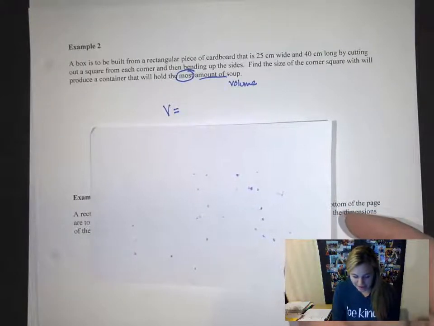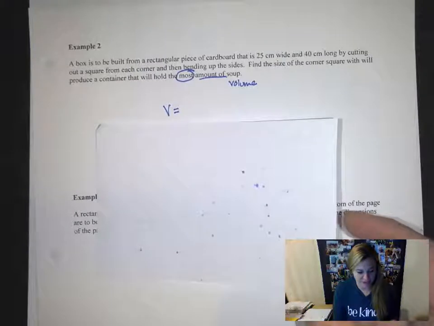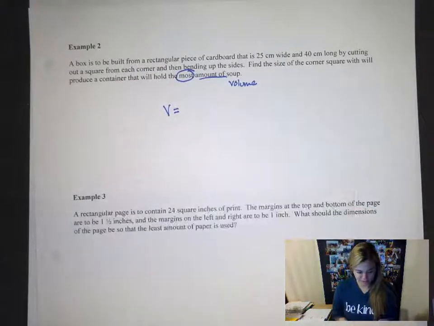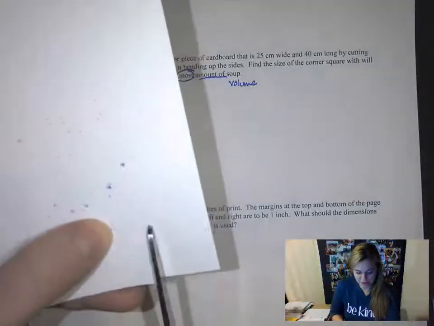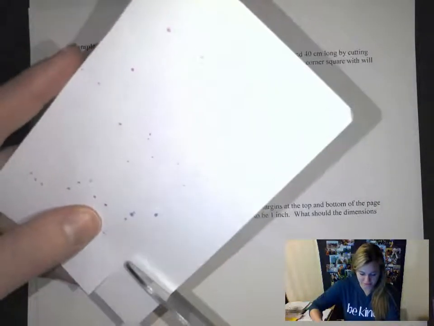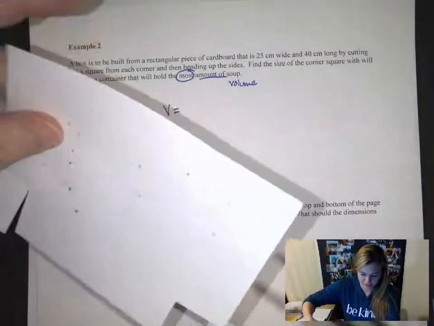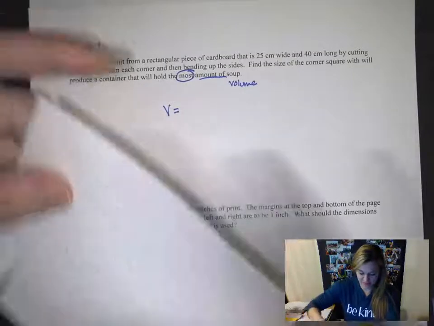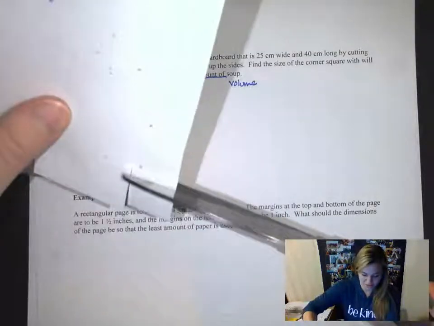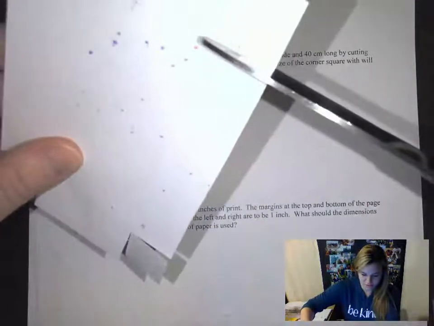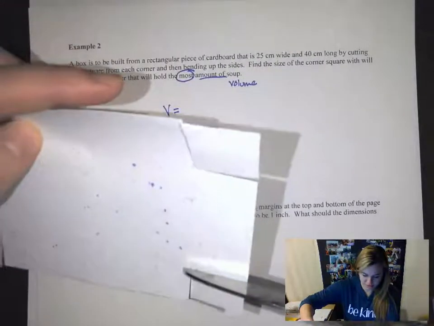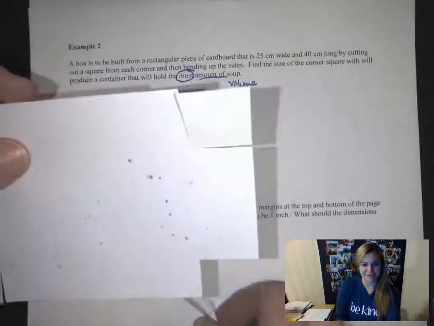By cutting out a square from each corner and bending up the sides. So what happens is we actually take a square, and it should be the same size square from each one, but I'm just going to eyeball it. It's going to be a really good square. Okay, so that doesn't really look like a square, but whatever, you're going to get the idea.